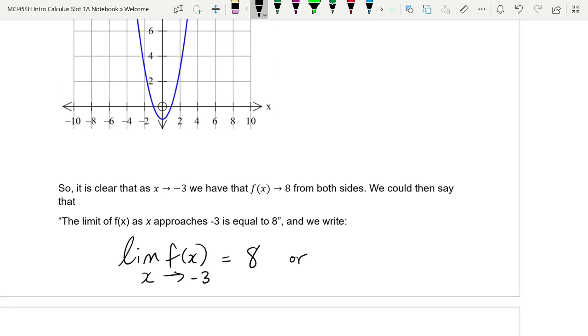Or you can actually use the function, the limit as x approaches -3 of x cubed plus 3x squared minus x minus 3 all over x plus 3 is equal to 8. There we go. I'll give you a sec to catch up to me.